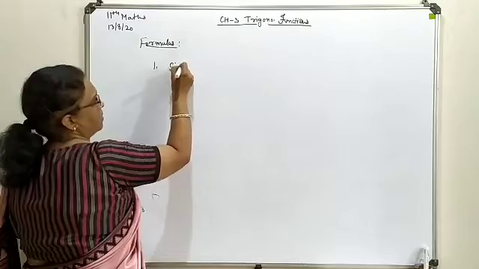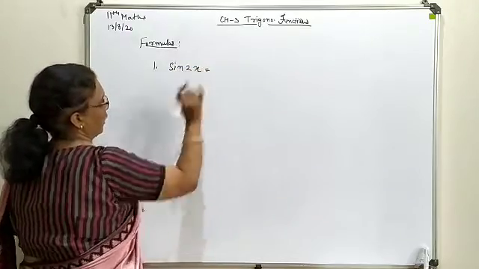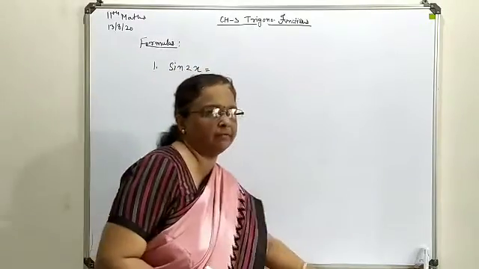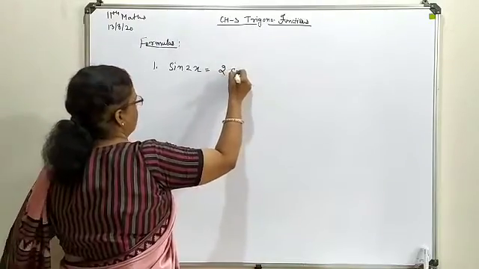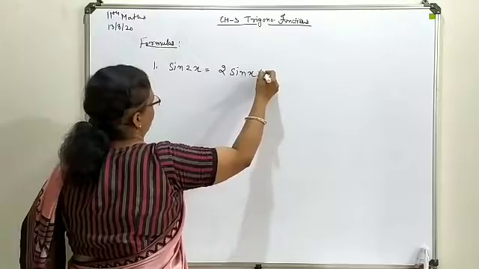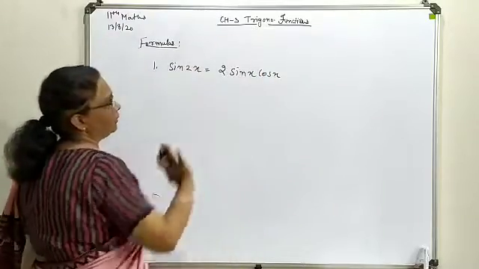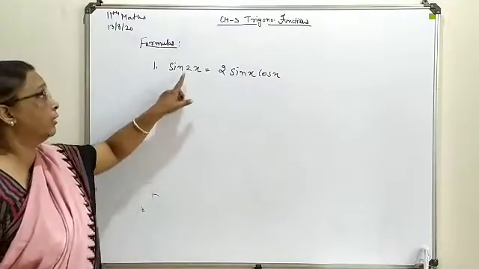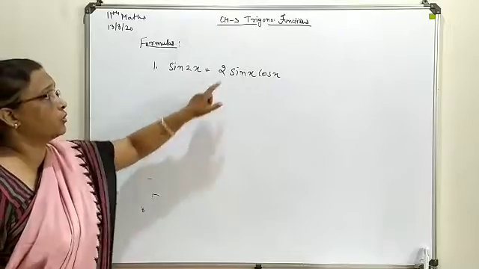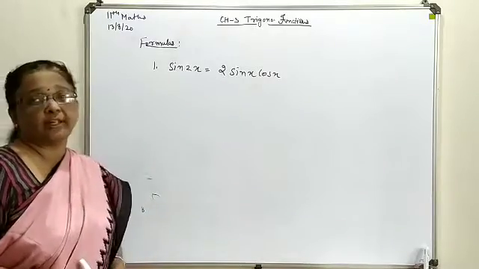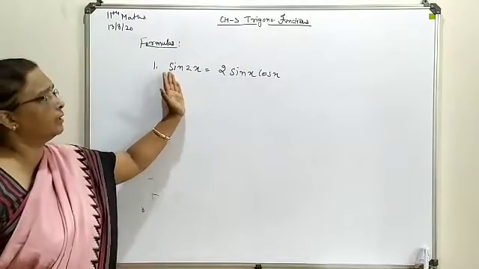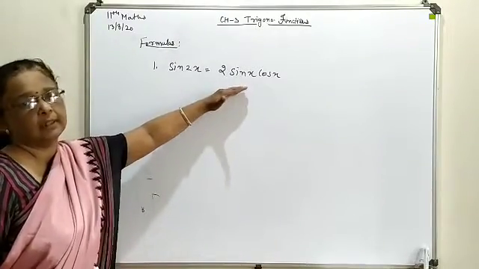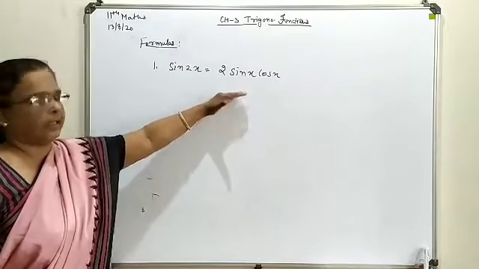Let's start with the basic sin 2x. This is a basic formula we have. Sin 2x can be expressed as 2 sin x cos x. Half of the angle: suppose here you have x only, it is to be written as 2 sin(x/2) cos(x/2). So whatever angle you have here, it is just halved on the other side.